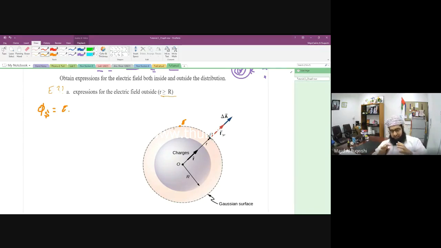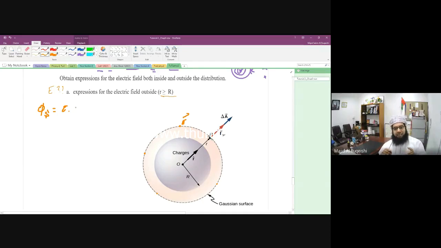This imaginary sphere should surround the original sphere perfectly. Why? To make the electric field the same at any place on this Gaussian surface.